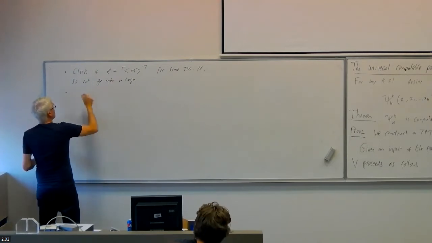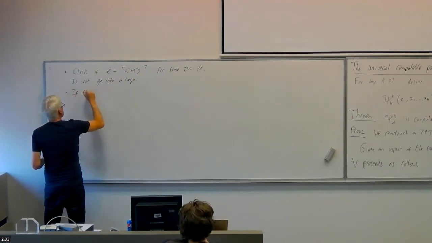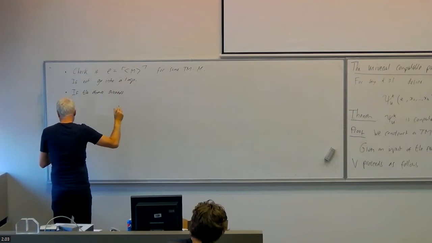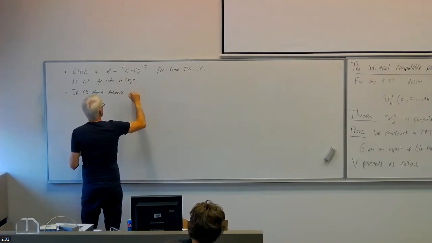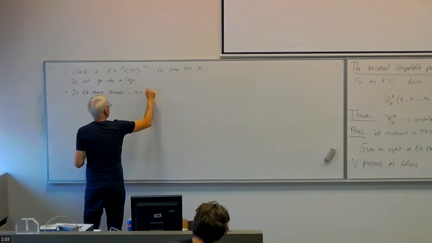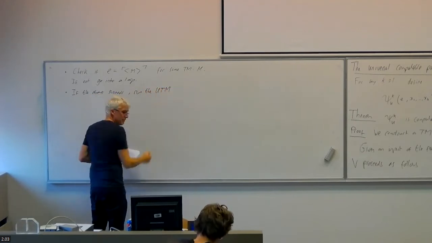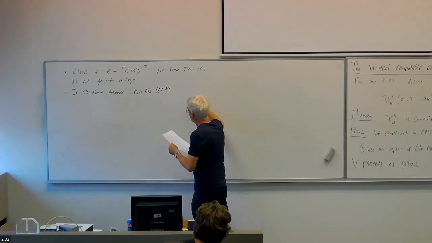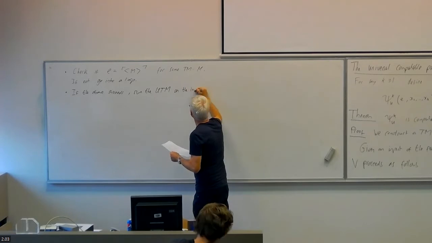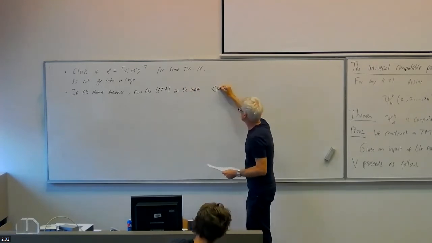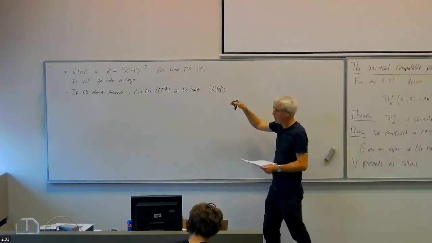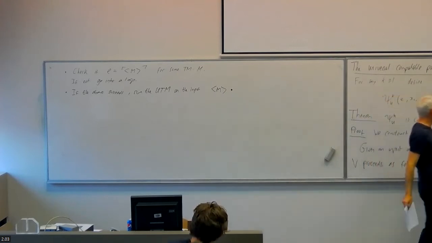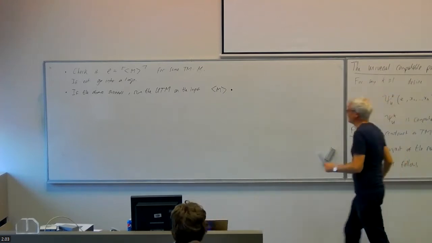So if the above check succeeds, we run the universal Turing machine, I'll just write UTM, on the input. So we want to give the universal Turing machine the encoding of the Turing machine, together with the arguments we want to give the Turing machine, which are the numbers x1 through to xk in binary representation.